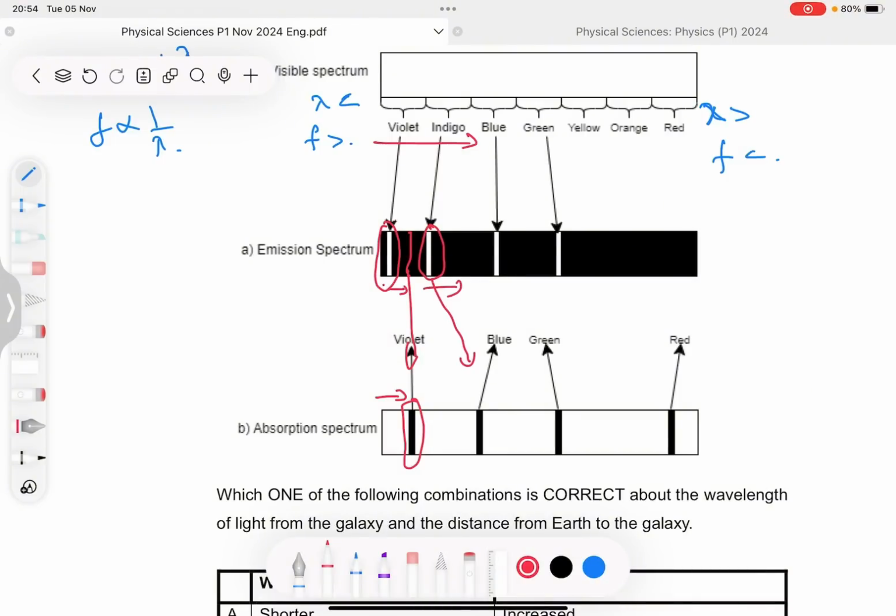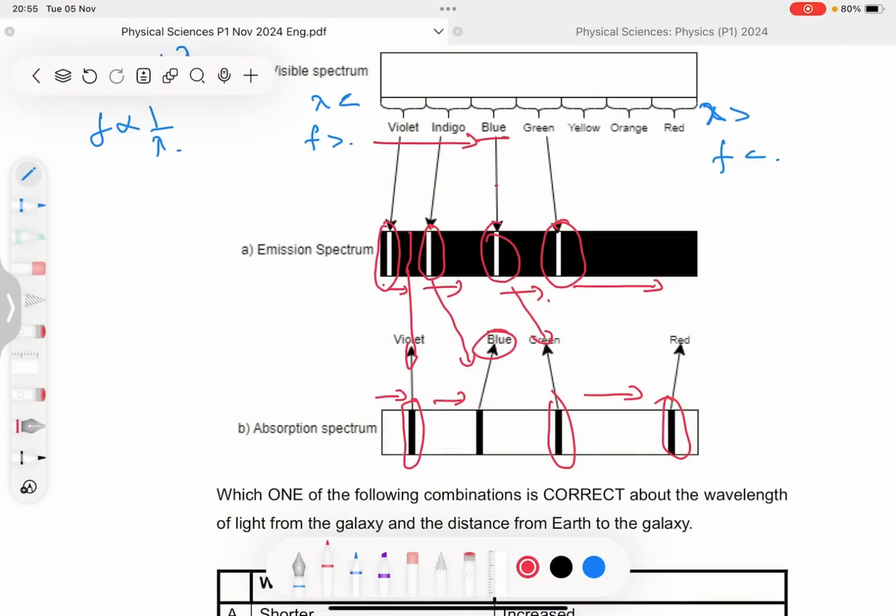So the indigo has moved towards the blue color. What used to be the blue has now moved towards the green side, is now green. And what used to be green has moved towards red, is now red after 10 years, right?